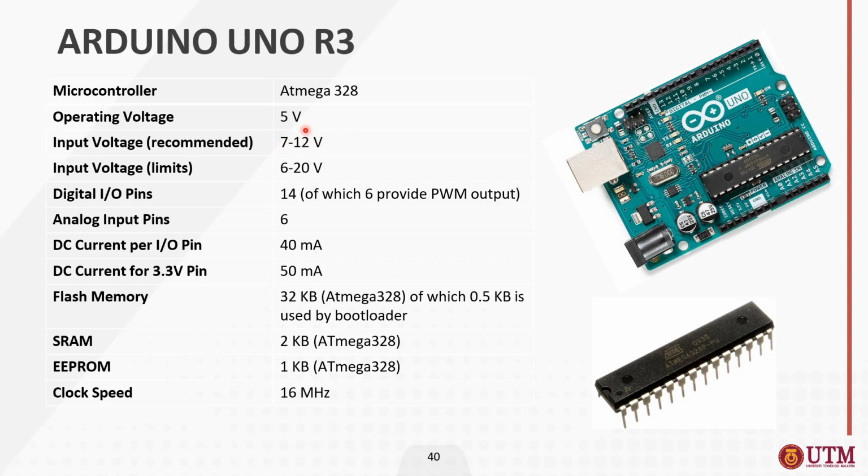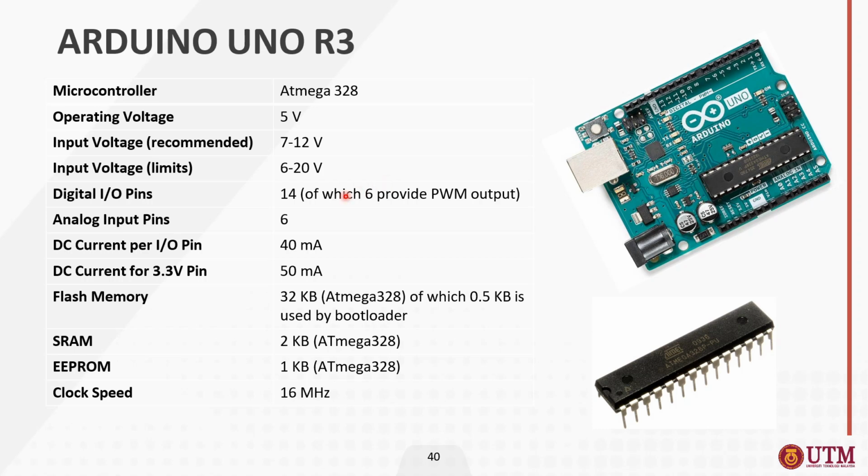The limits that the input voltage can support are from 6 to 20 volts. So it means that if you have 22 volts, your Arduino will be burned. And this Arduino Uno has a total of 14 digital pins, 6 of which can produce PWM output, where you can use it to control a motor, or to control the brightness of a bulb, and so on.